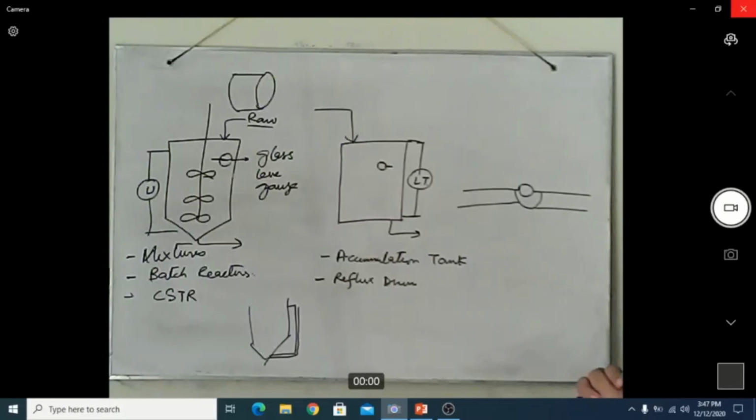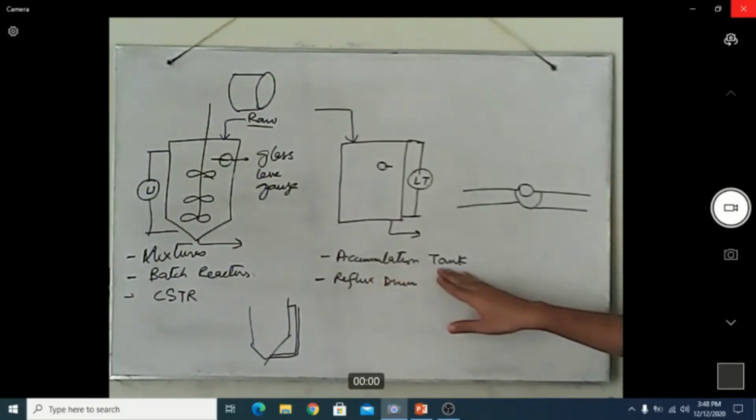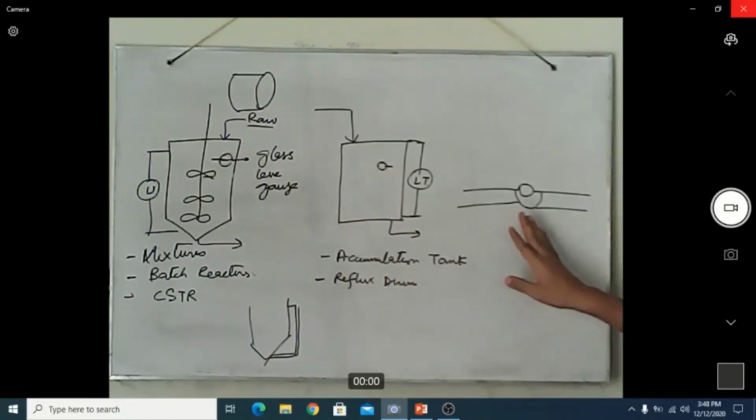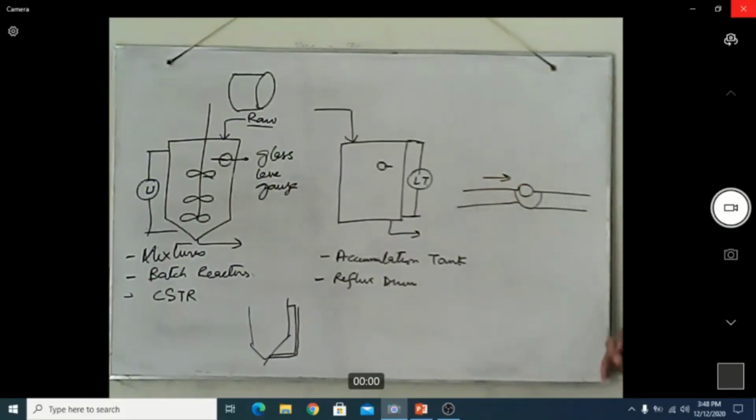This is not the case with what I explained previously in the slides. This can also be used in accumulator tanks or reflux drums, and it is also abundantly used for visualizing flow. If a certain fluid is moving from one part to another, and you insert these side glasses on that line, you can easily come to know that the fluid is flowing.